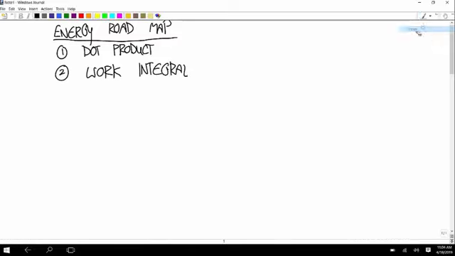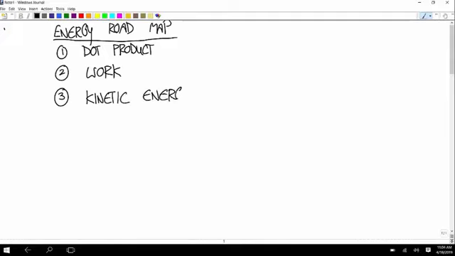Now, just work, not integral. And then we talked about kinetic energy. And then we used work and kinetic energy to define the work energy principle.